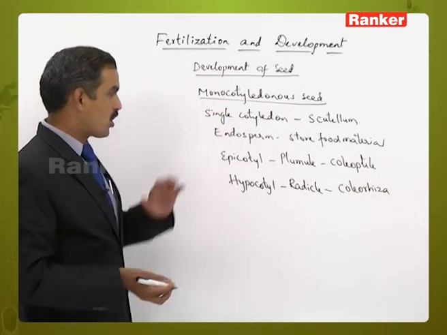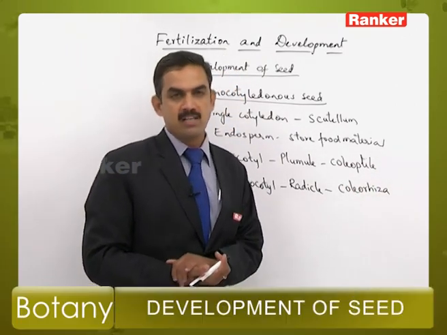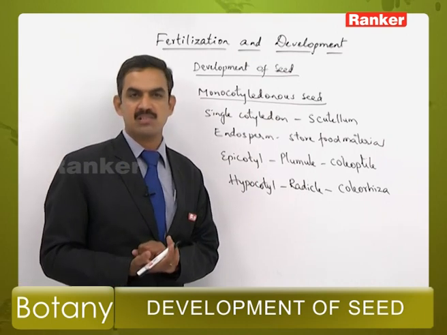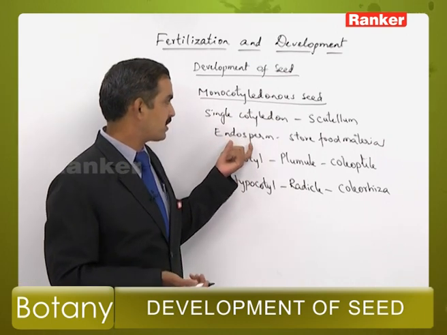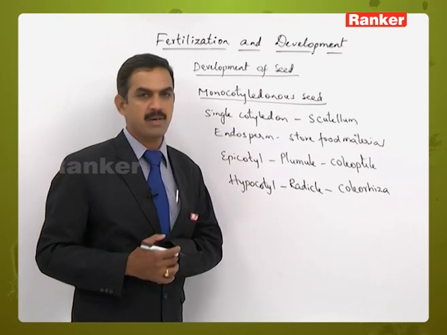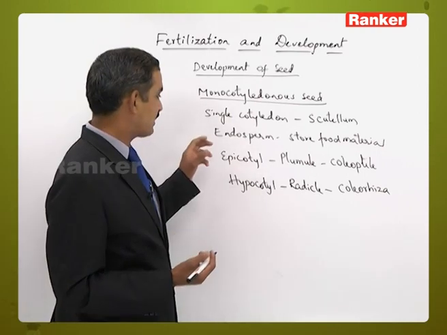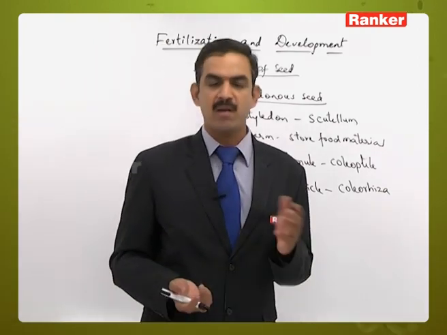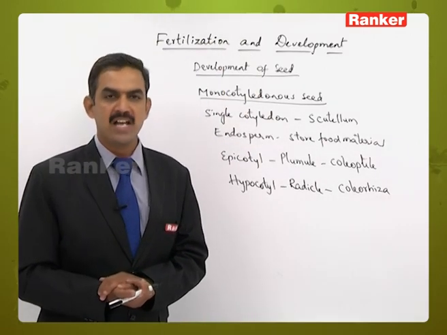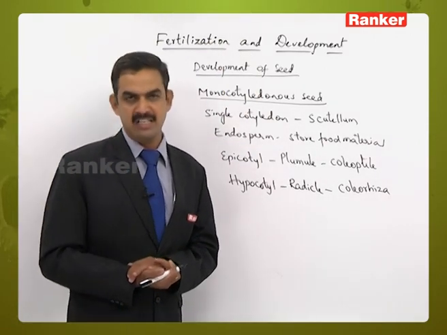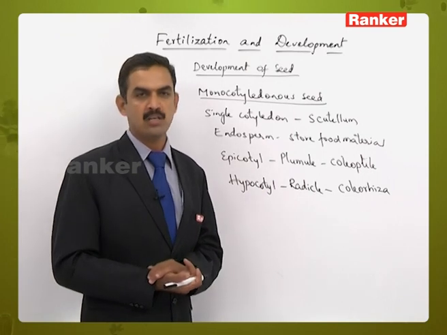In the monocotyledon seed, the embryo is pushed towards one lateral side, whereas the majority of the monocot seed is occupied by the endosperm. Separating the endosperm from the embryo, a triploid layer is present, called the aleurone layer, a protein-rich layer.